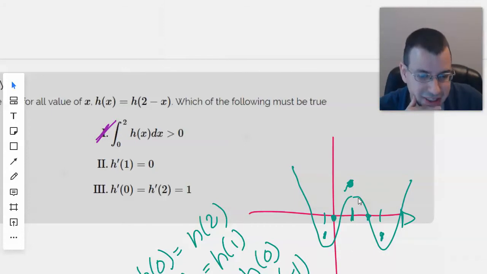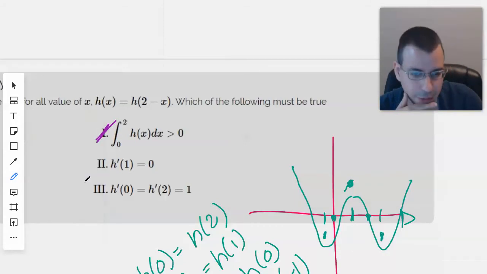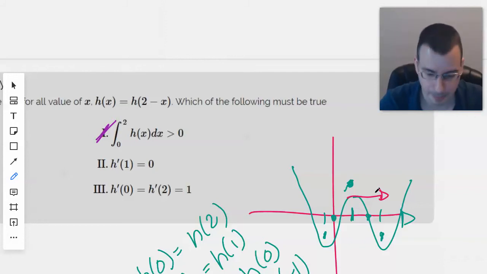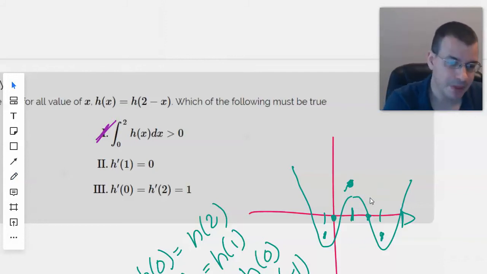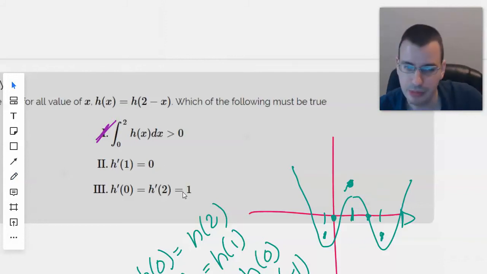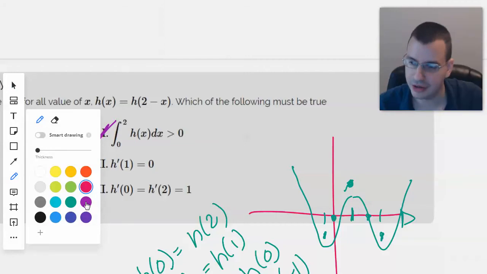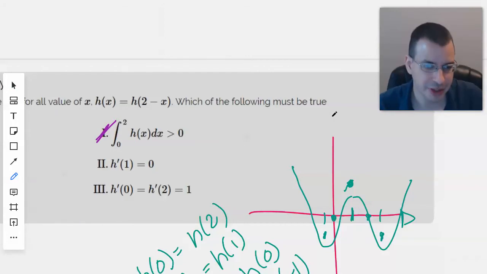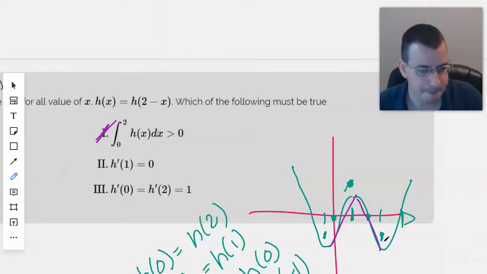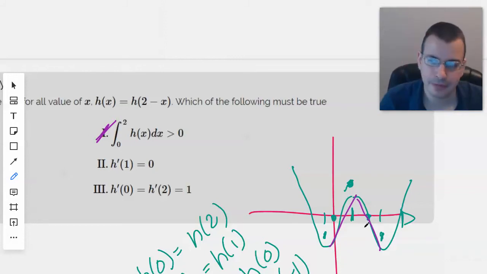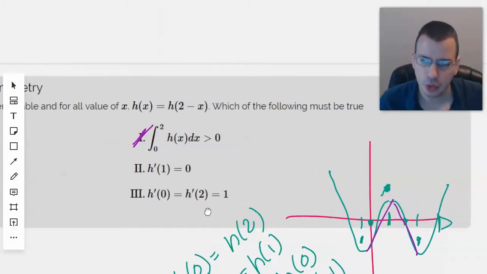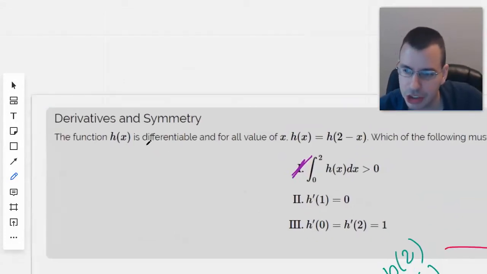Well, it does look like the derivative at that point is 0. If we draw the tangent line, that's going to be 0. So that looks true. But we can maybe draw something that came together like this, where it's pointy. But we really can't do anything that's pointy because we were told that it's differentiable.